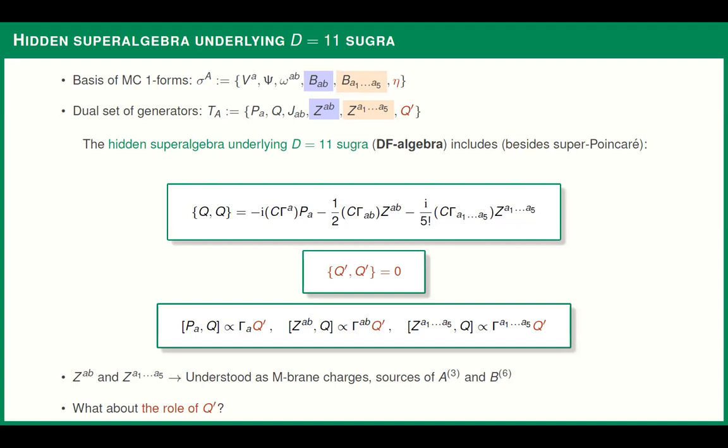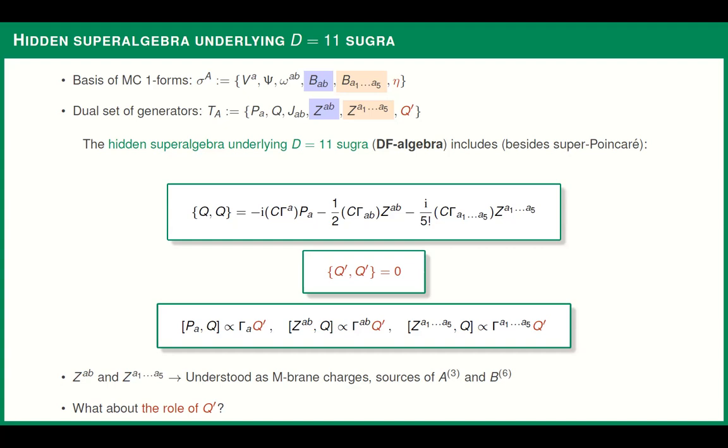And so Z_AB and Z_A1...A5 were later understood as M-brane charges, sources of A3 and A6 respectively. And the role of eta was much less explored. We analyzed it in some detail, and I conclude by discussing it. And also, what is the relation between the algebra and the so-called hidden algebra, as we call it.